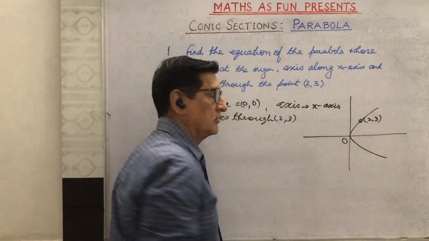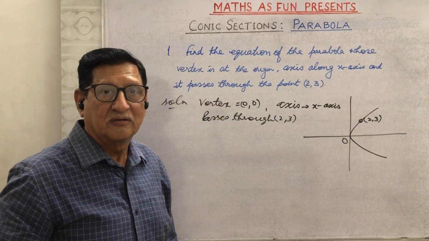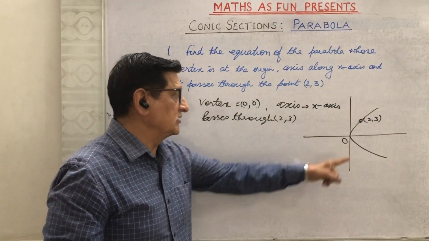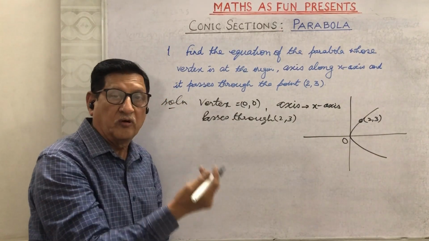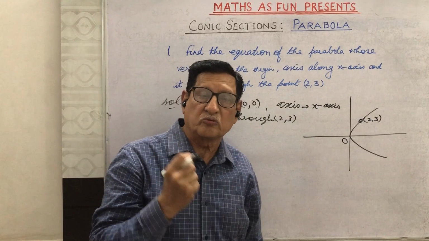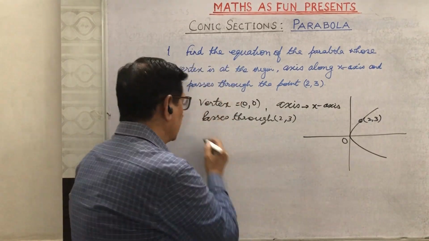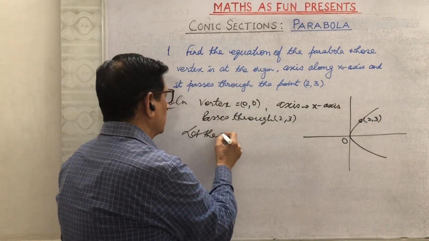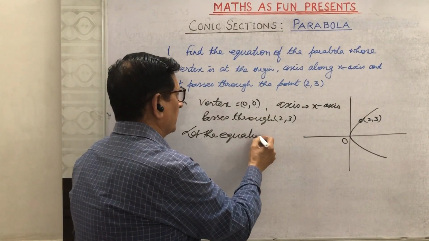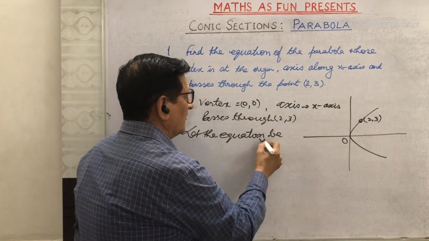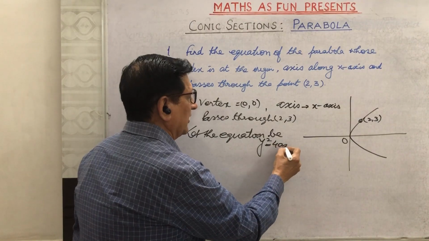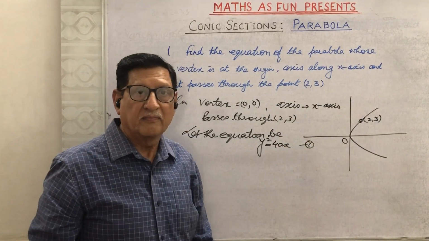Vertex is at the origin. So we find that this is the form of the equation y square equal to 4ax. So we can write, let the equation be y square is equal to 4ax.